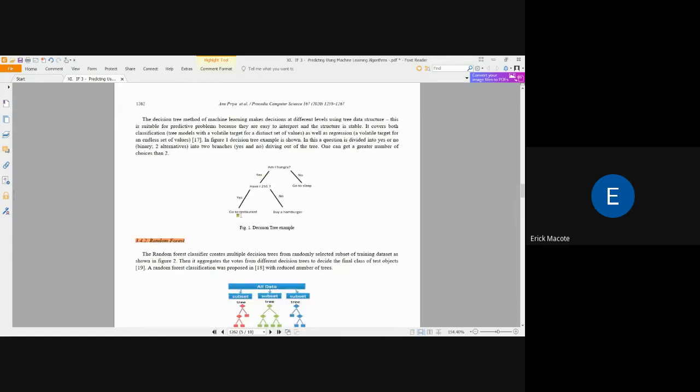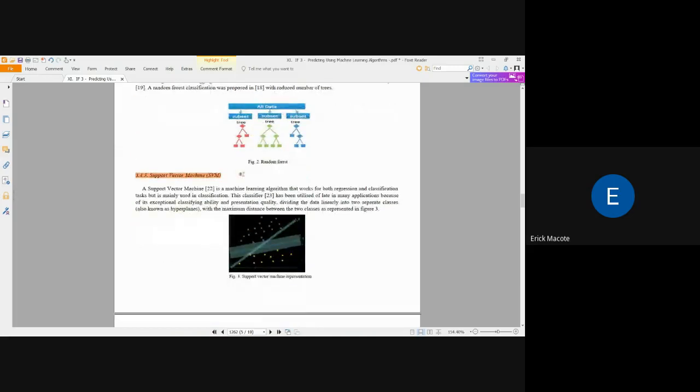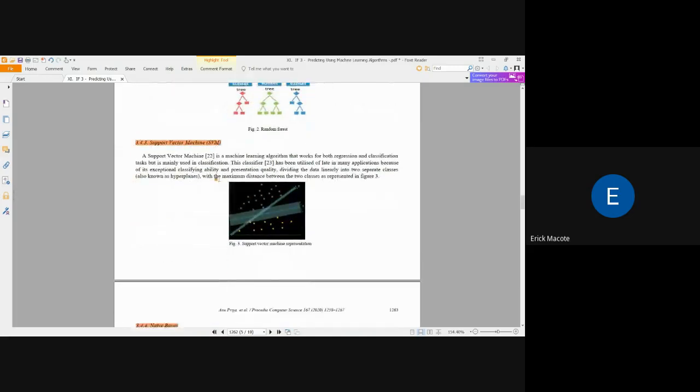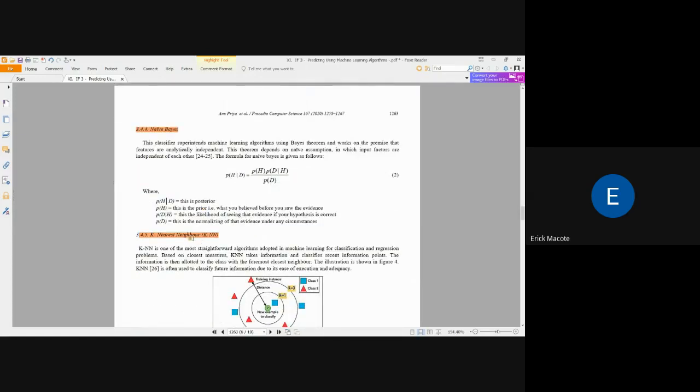The structure is stable, as we can see in figure 1. A question is divided into yes or no in 2 branches, growing out of the tree. But we also have support vector machines, Bayes, and K-nearest neighbor, that we have analyzed in previous papers.